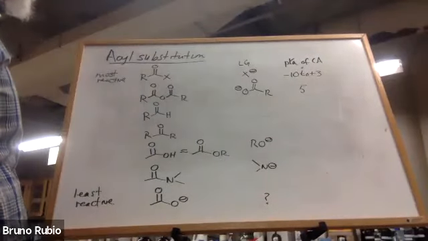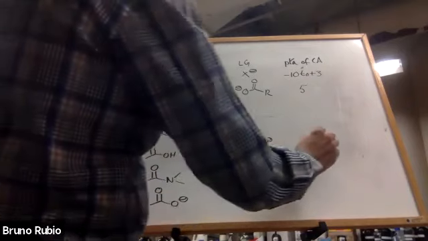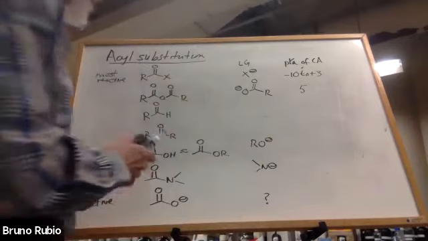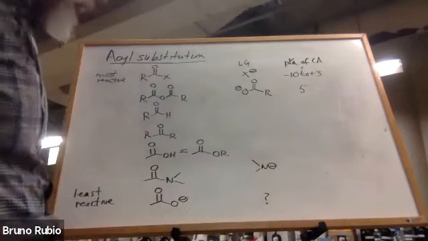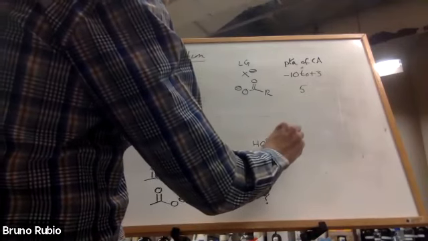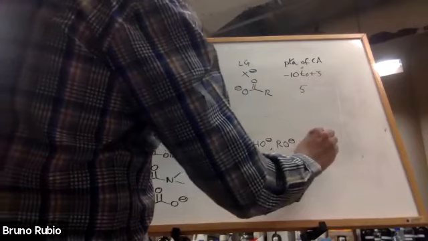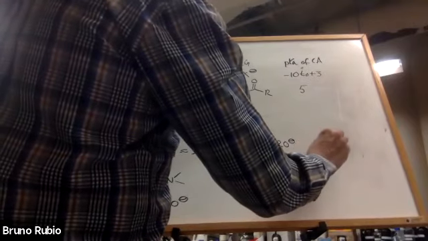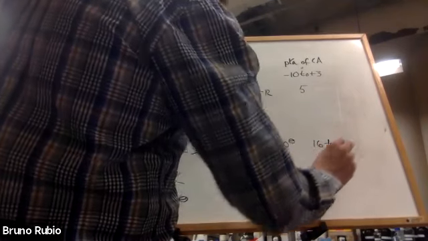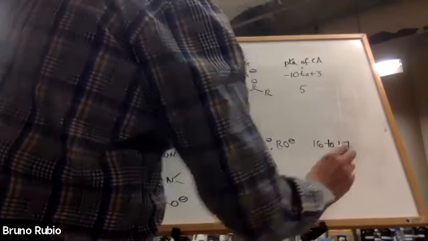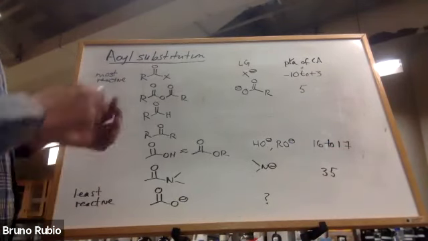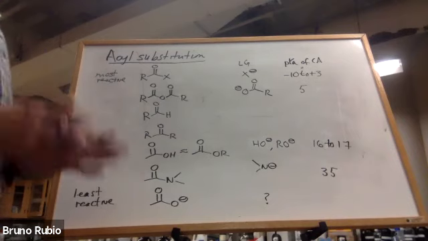The pKa of the conjugate acid is 5. This could be water or alkoxide. Oh, you know what? I forgot to write OH minus. OH minus is the leaving group there, and RO minus is the leaving group there. This is about 16 to 17, something like that. The pKa here is 35.